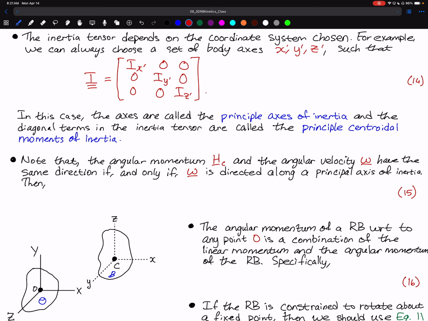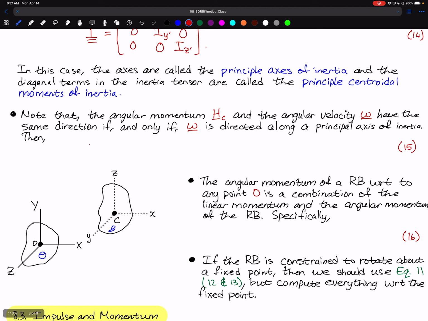And in that case, we'll find that h sub c is simply equal to I sub x prime times omega sub x prime times i hat prime, with all these primes indicating that we're along the principal axes of inertia, plus I sub y prime omega sub y prime j hat prime plus I sub z prime omega sub z prime times k hat prime.